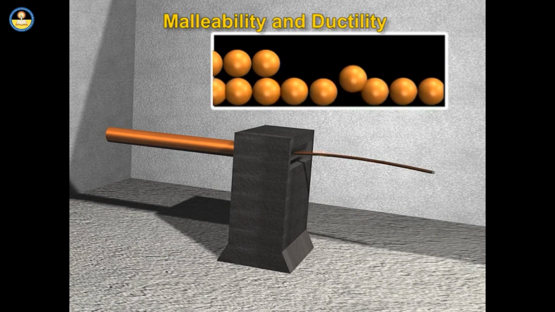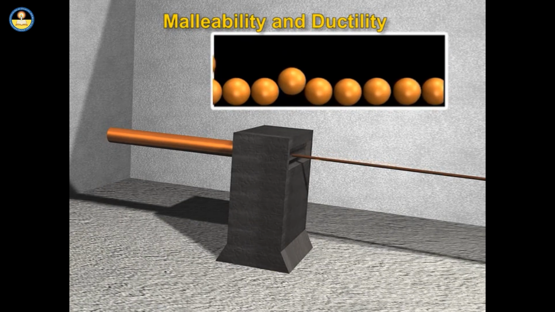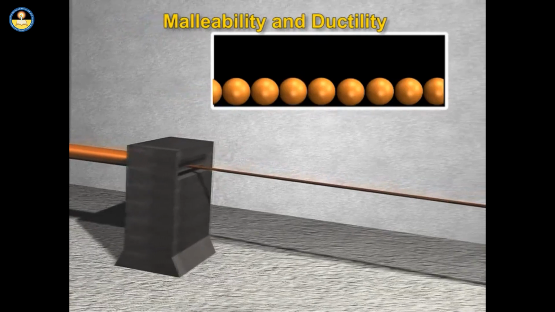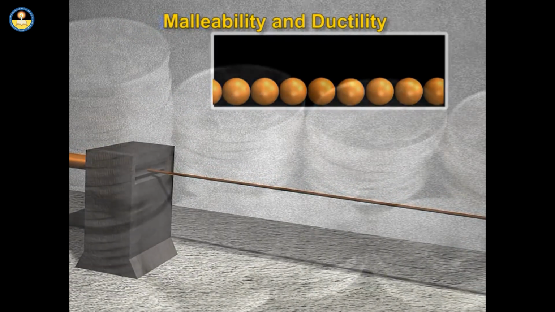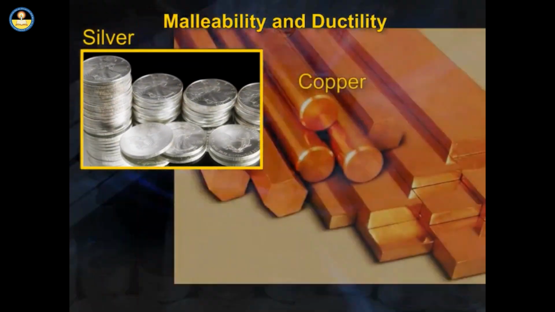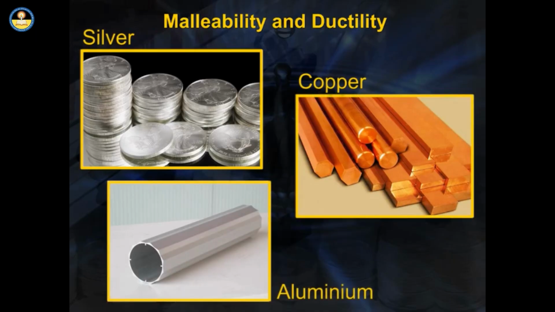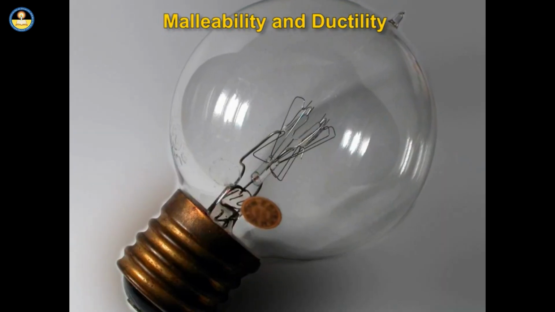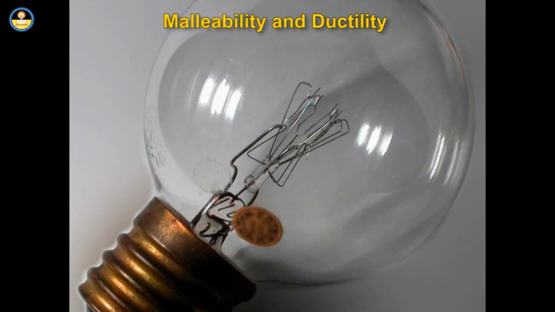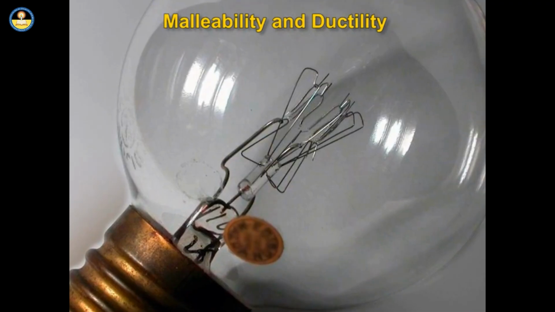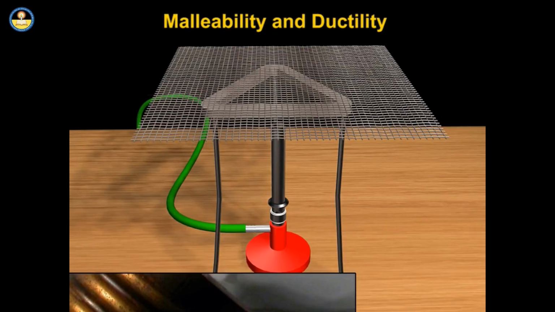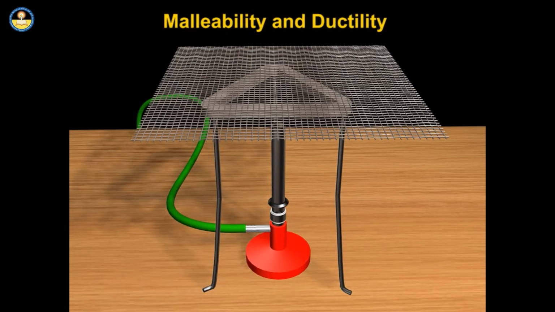Because of the strong metallic bonds, the metal atoms do not separate easily. Silver, copper, aluminium are very ductile. Very thin wires can be made out of these elements. Electric bulbs have filaments made of tungsten. Iron wires are used in preparing wire gauzes.